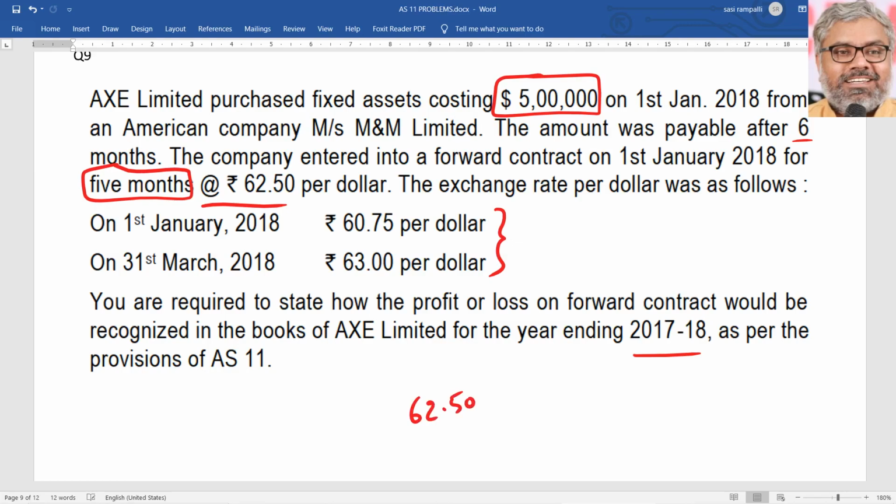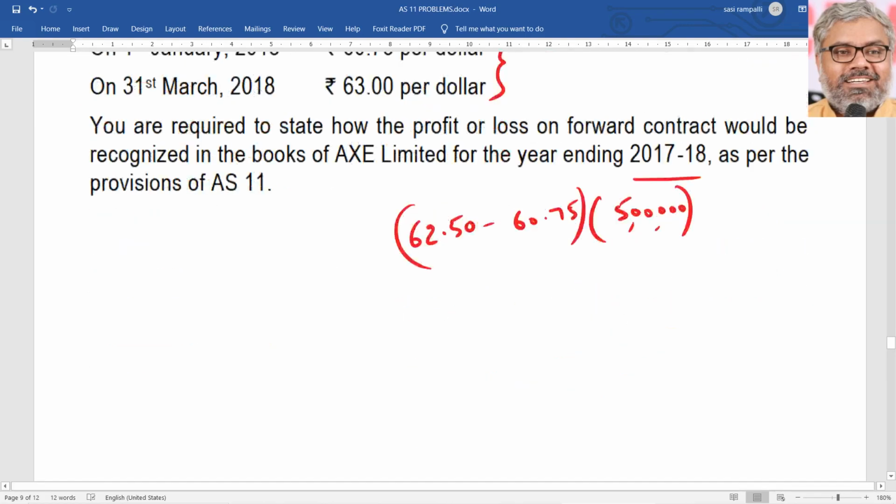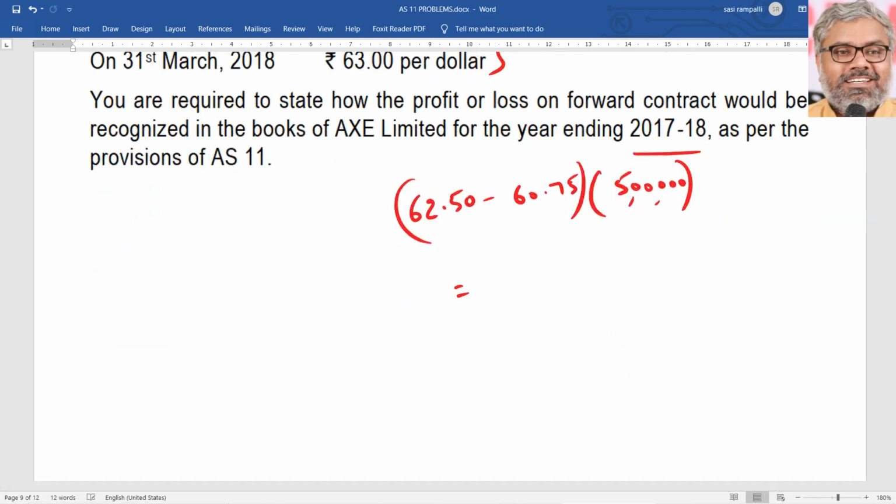So 62.5 minus 60.75, multiplied with $5 lakhs will be in rupees the total loss that this forward contract is going to bring to this company. So 62.5 minus 60.75, that is 1.75 into $5 lakhs, that comes to 8,75,000 rupees.